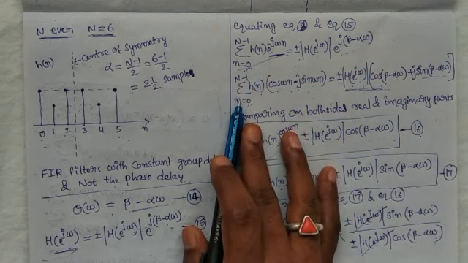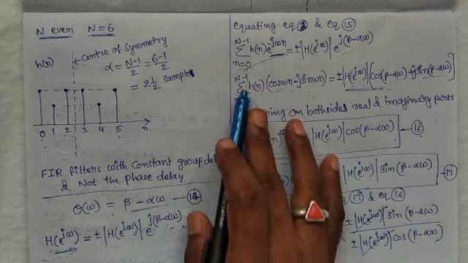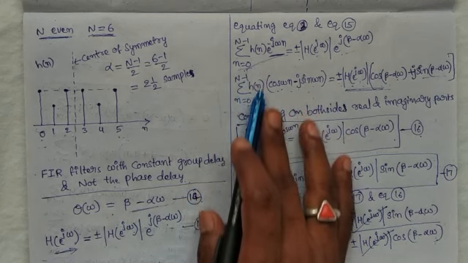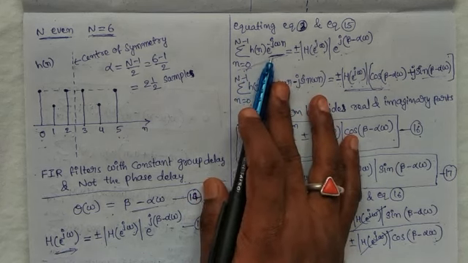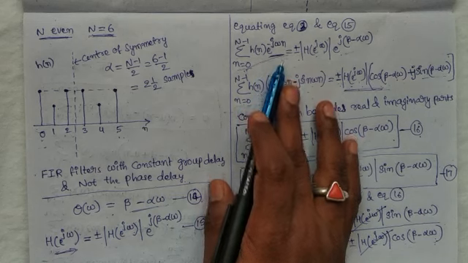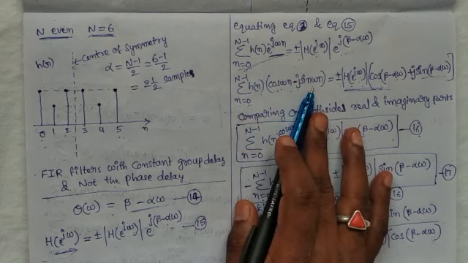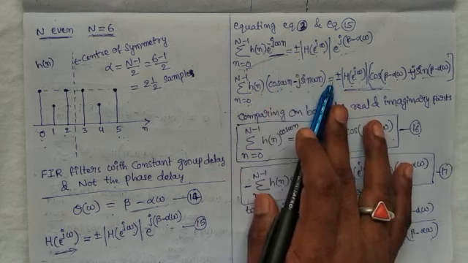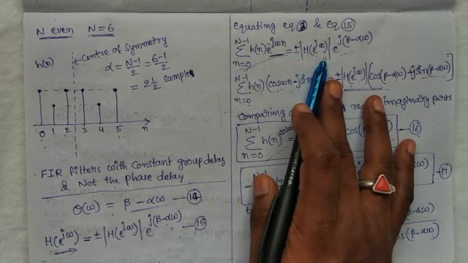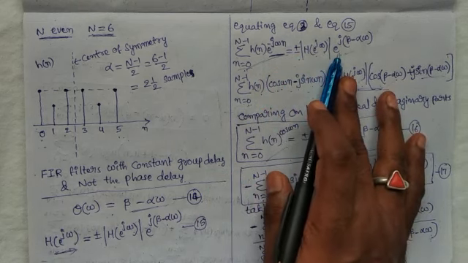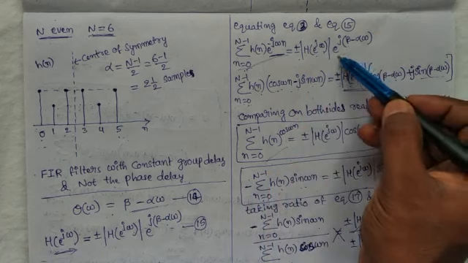Which is equal to summation n equals 0 to capital N minus 1 h of n into e power minus j omega n, where e power minus j omega n is cos omega n minus j sin omega n. This is equal to plus or minus mod H of e power j omega into e power j theta.